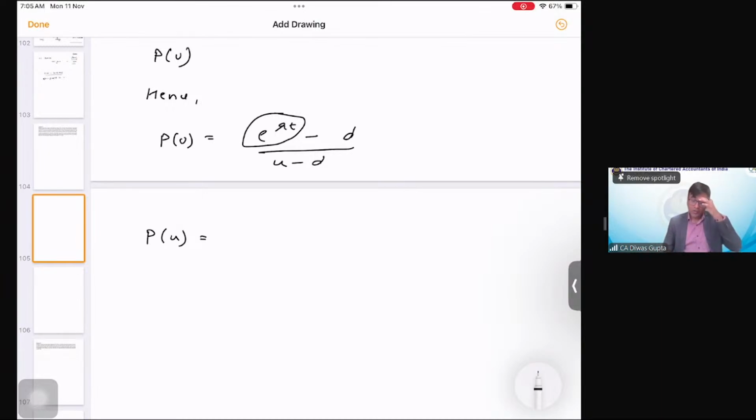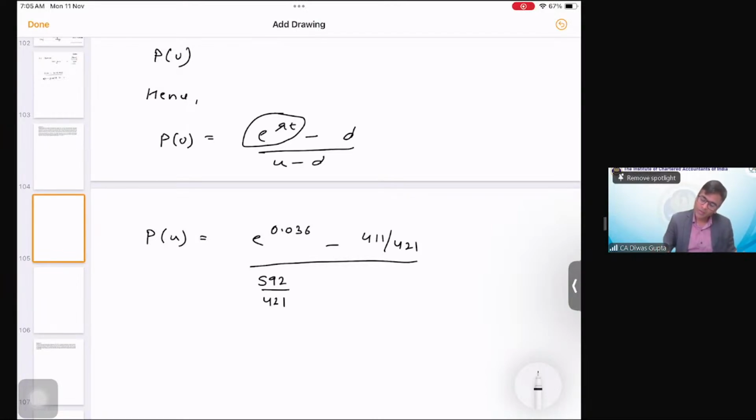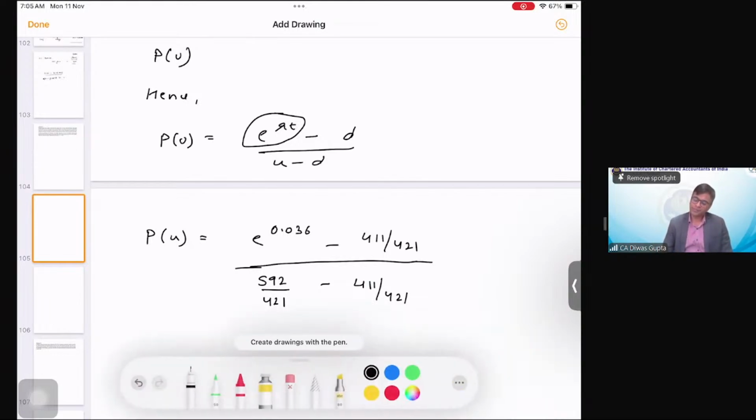So probability of price going up, which is 592, becomes e raised to the power 0.036 minus the proportion of price going down, 411 divided by 421, whole divided by 592 divided by 421 minus 411 divided by 421. So the formula above translates into this value.